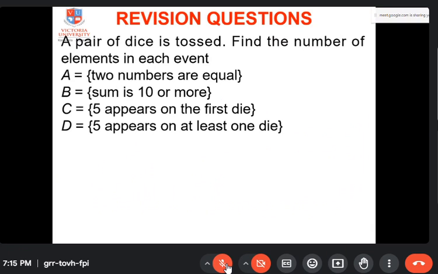You forget a 6-4 and a 6-5? Yes, 6-4 and 6-5. Okay, so how many do we have in total? There are 6 pairs.